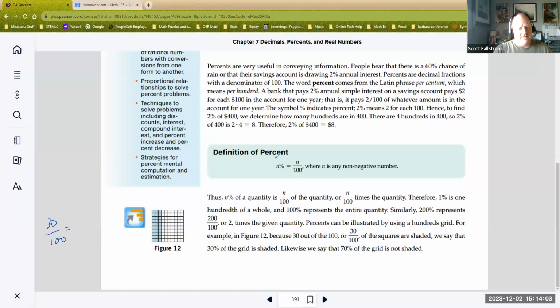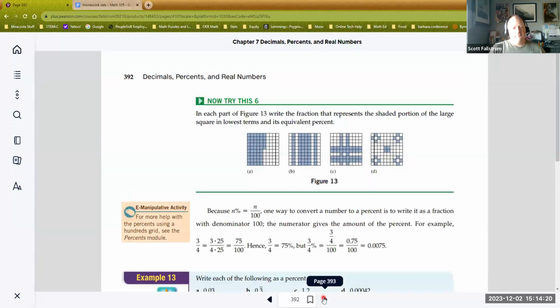And then realizing that 30 over 100 is equal to n%, this would be 30%. Again, some grids that you can utilize visually.